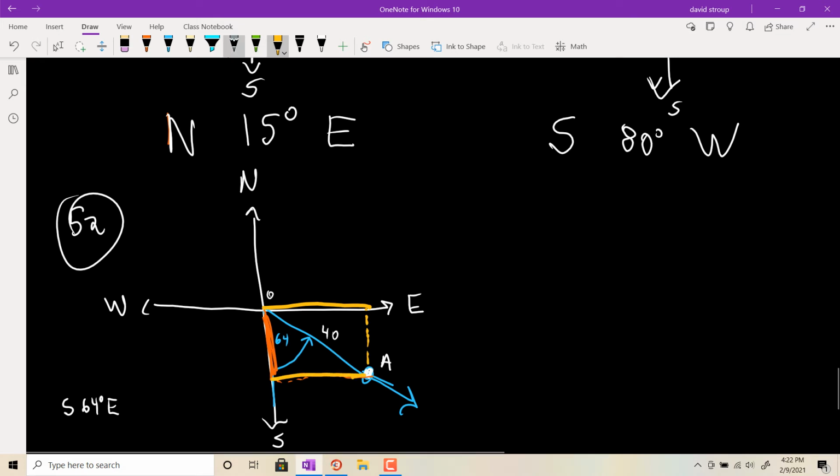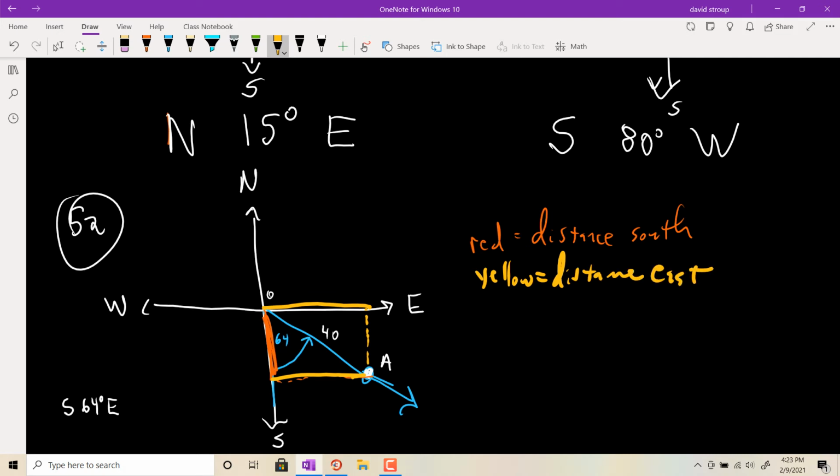So the red is the distance south, and the yellow is the distance east. Then we could use a right triangle, I guess, to solve this.